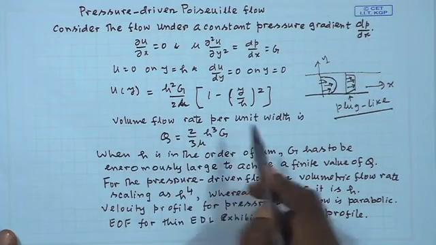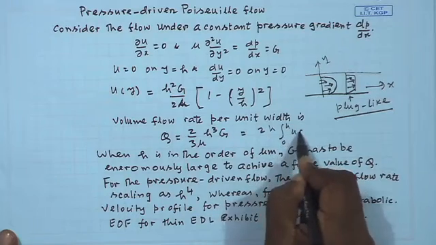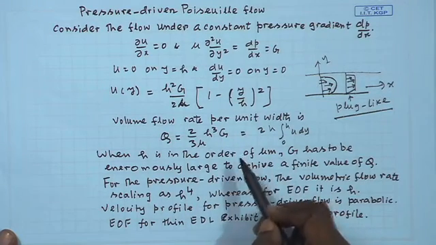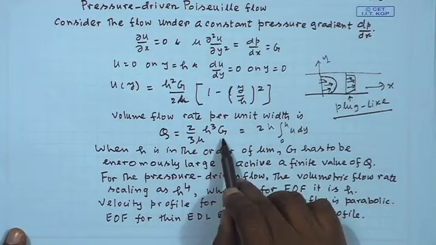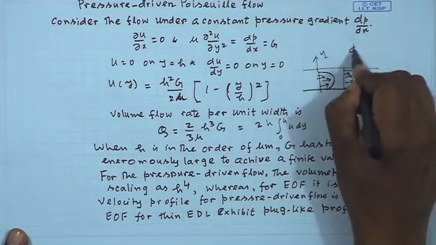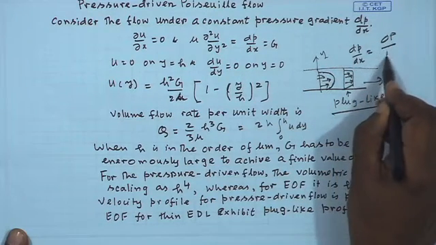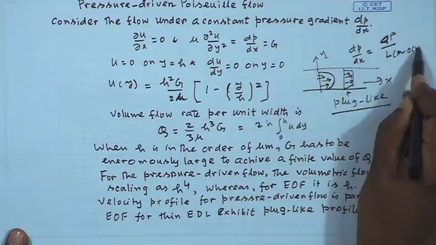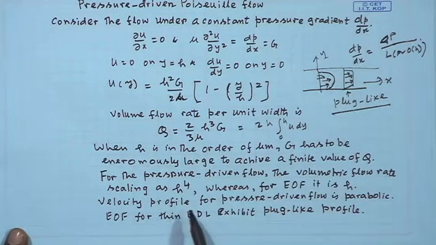If I integrate u(y), which is 2 times the integral from 0 to h of u dy, we get a result with h cubed in it. Since G equals dP/dx, if I consider a pressure drop delta P over a channel of length L, which is a few times h and scales as h, then the volume flow rate scales by h to the power 4.